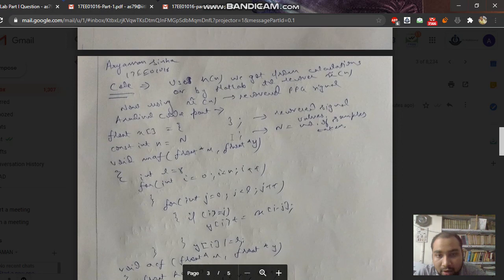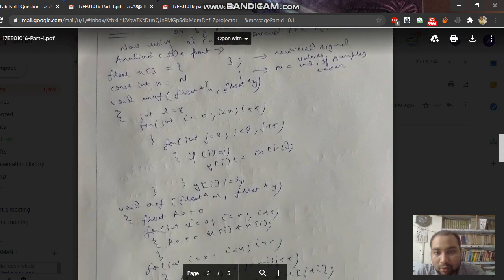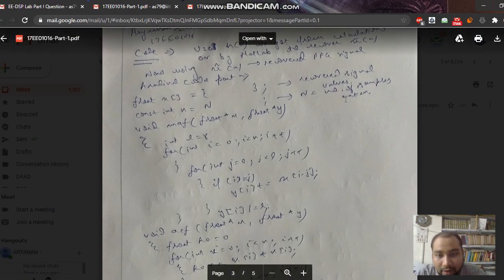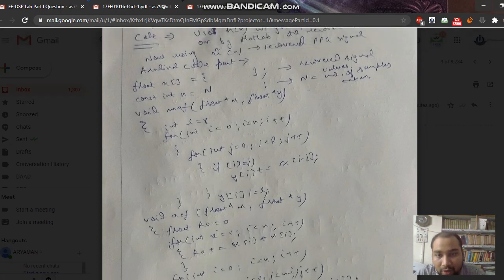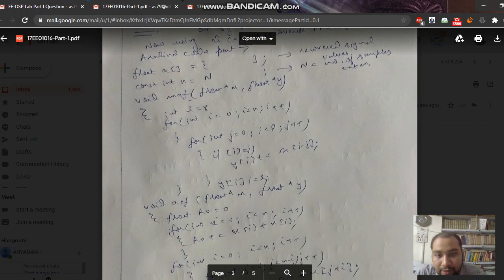So after this is the code we have written here. x of n is the recovered signal we have got from h of n, and n is the number of samples we want digital values for. Suppose we can take 2048.